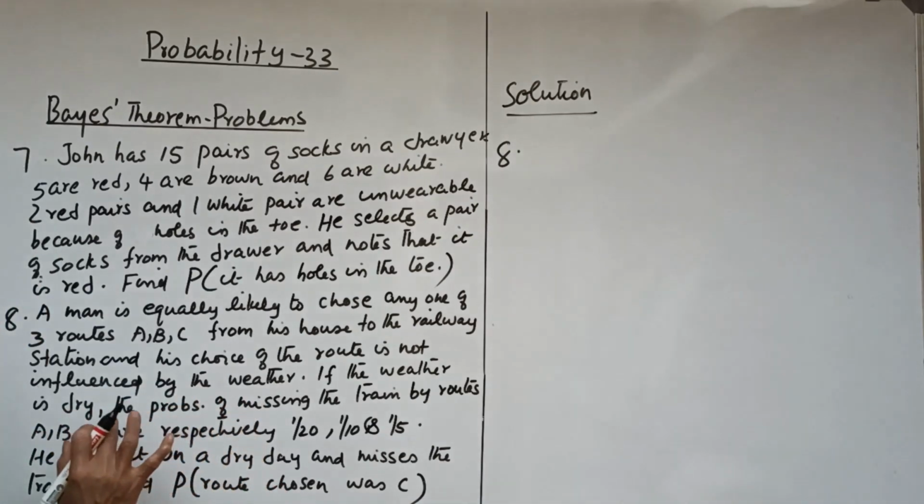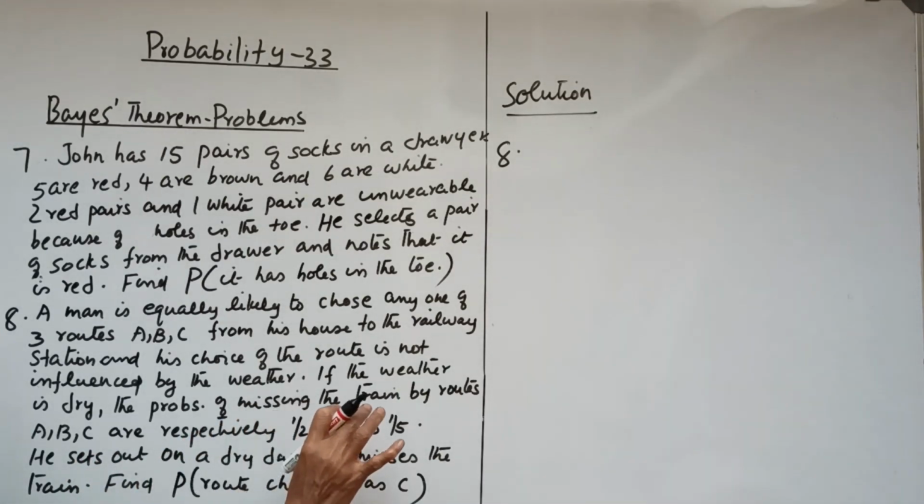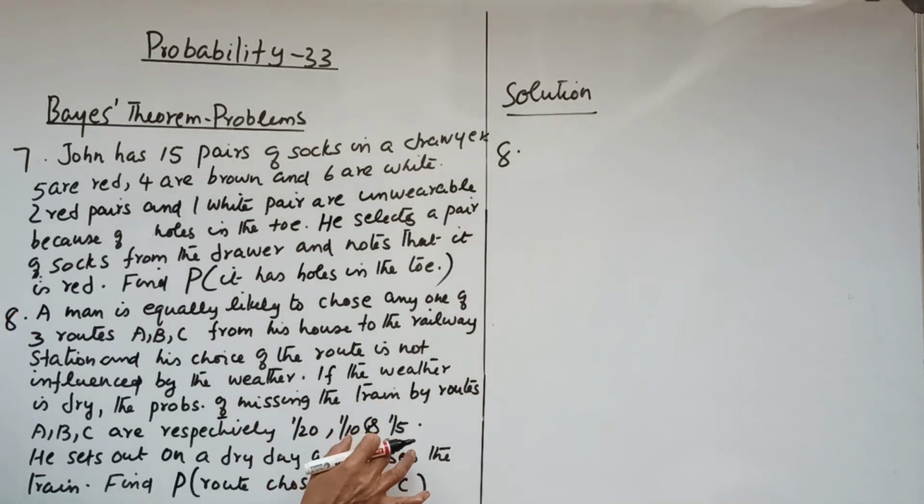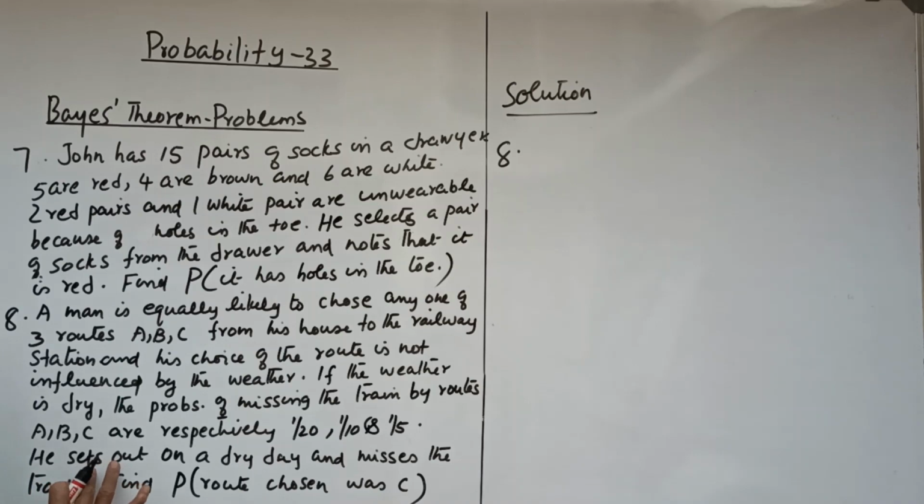If the weather is dry, the probabilities of missing the train by routes A, B, C are respectively 1 by 20, 1 by 10 and 1 by 5. He sets out on a dry day and misses the train. Find the probability the route chosen was C.